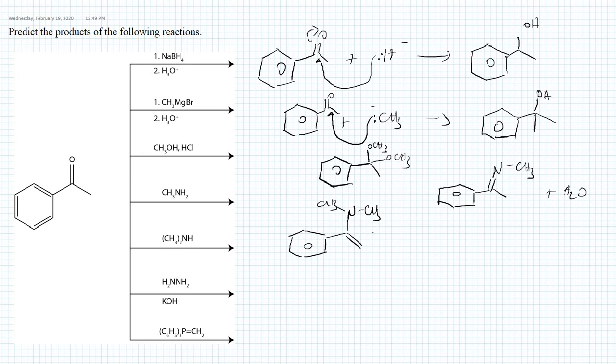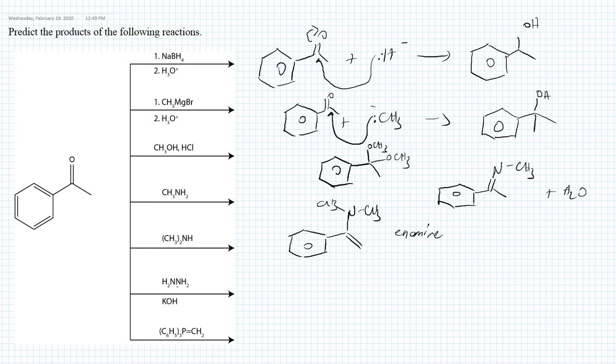These are called enamines. Basically, alkene plus amine. So basically, we are forming an alkene and an amine at the carbonyl carbon in enamine formation. Let's move to the next question.